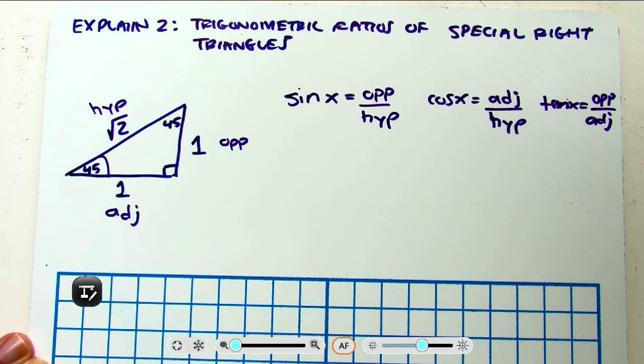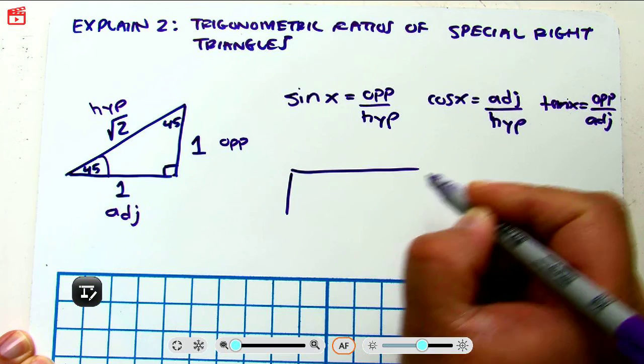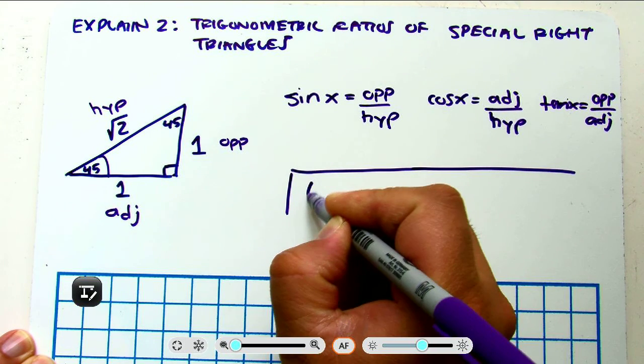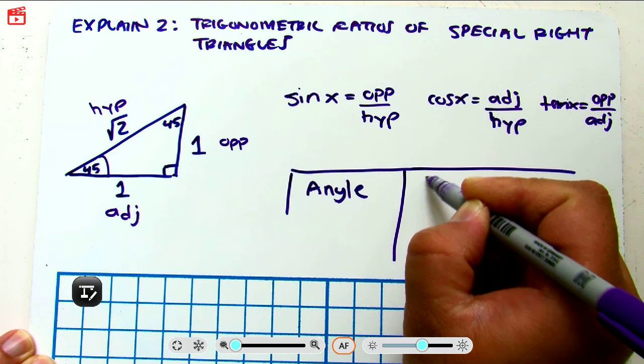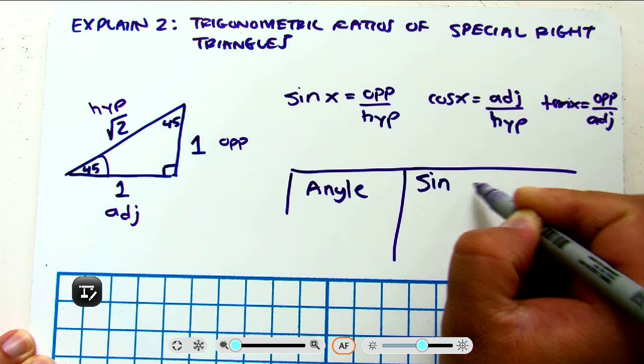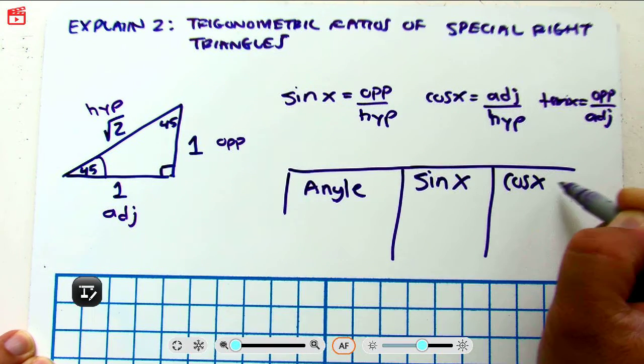So let me create a box. This is my angle, and then I want to find out what sine of the angle is, cosine of the angle, and tangent of the angle.